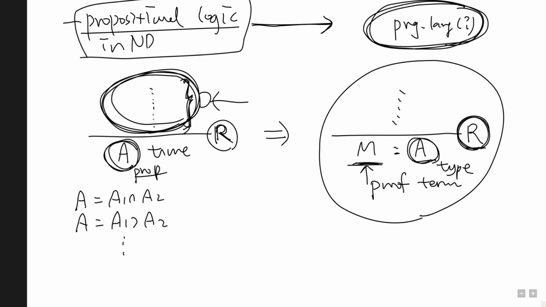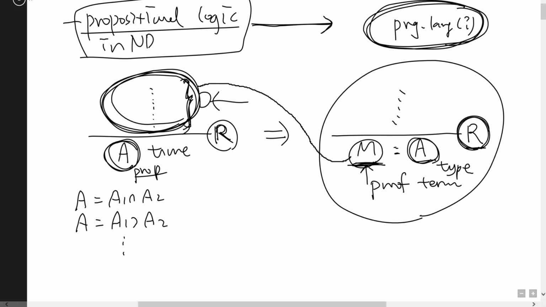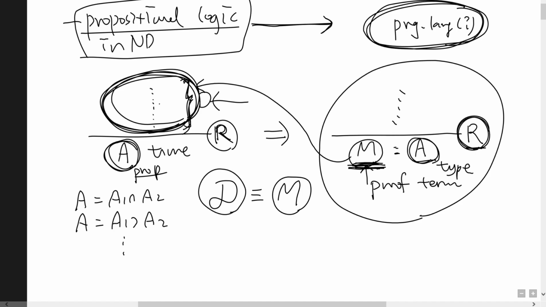It turns out that we may choose any syntax for these proof terms as long as the proof term essentially captures everything in the proof in the premise. In other words, as long as this proof D is shown to be equivalent to proof term M, so that M captures everything in D, then we may use any syntax.